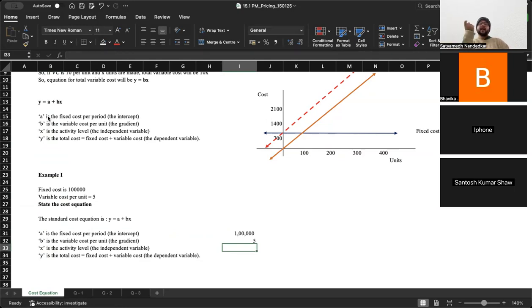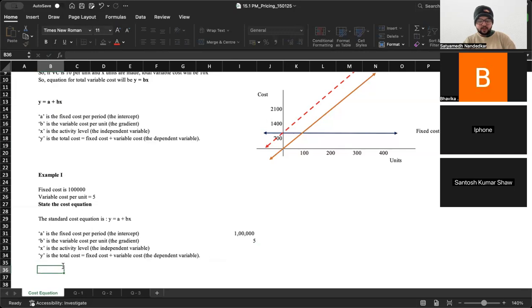They have not asked us, tell me the cost for 10,000 units. No, they have just said, tell us the cost equation. So y, which is your total cost, small y, is a 1 lakh plus 5x. That is total fixed cost plus total variable cost.